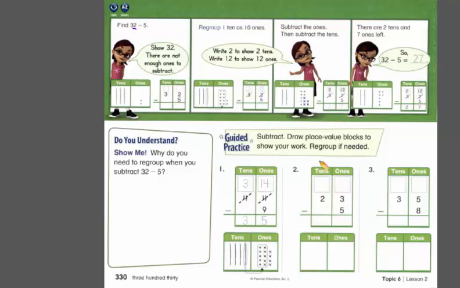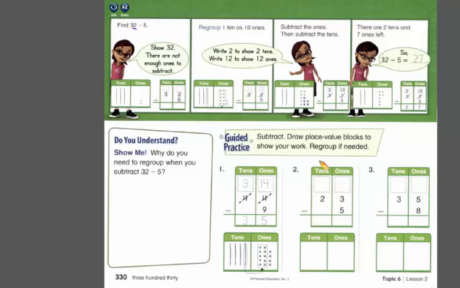So again, how can you draw place value blocks to show how to regroup to subtract 23 minus 8? It's an example. So what you will do, I draw 23 as 2 tens rods and 3 ones cubes.